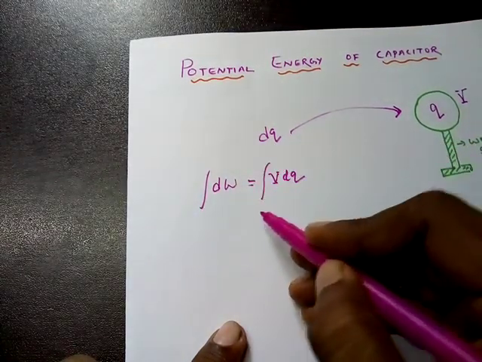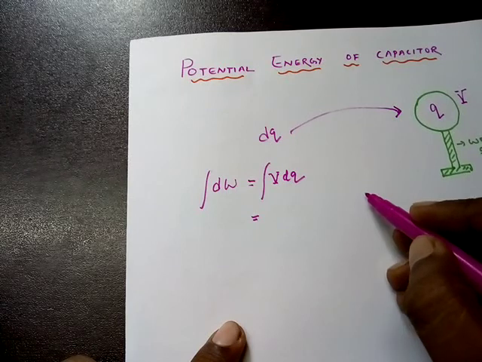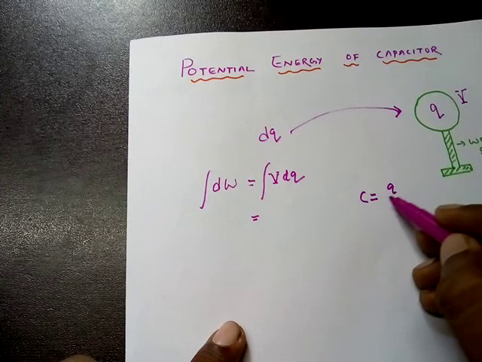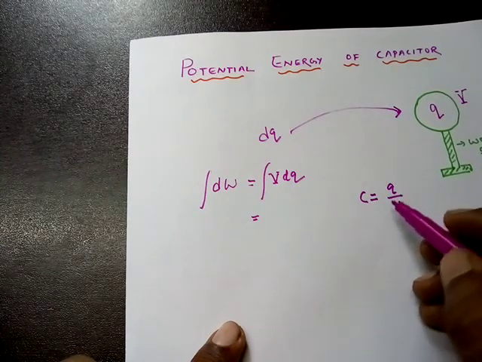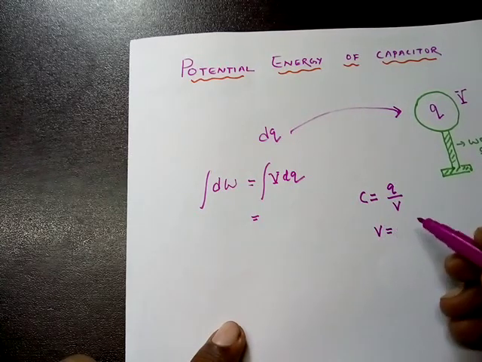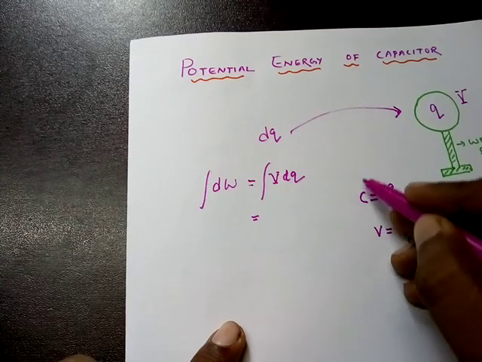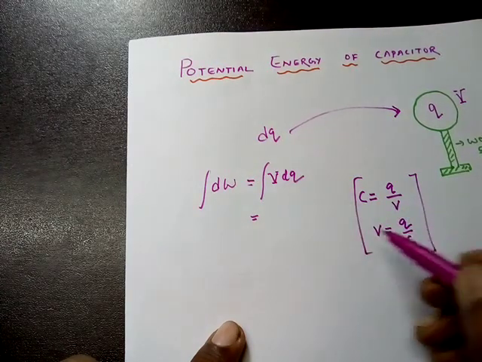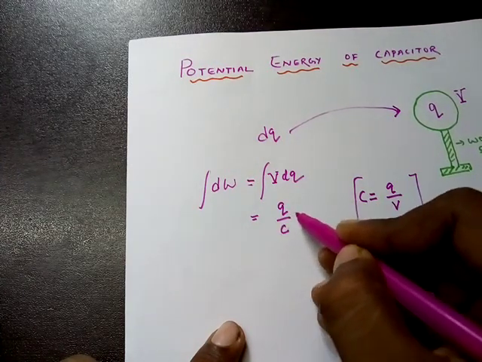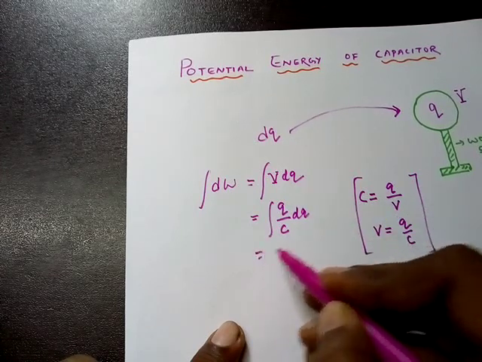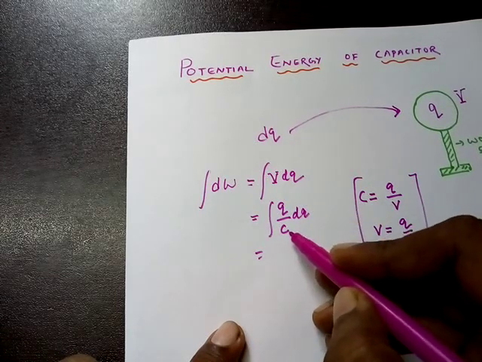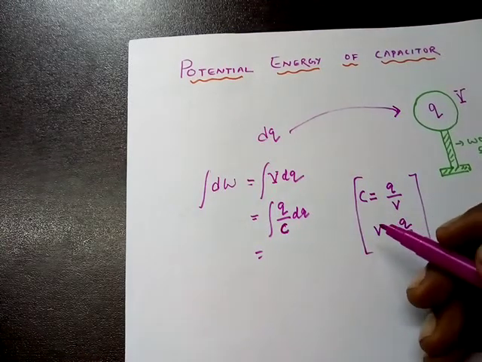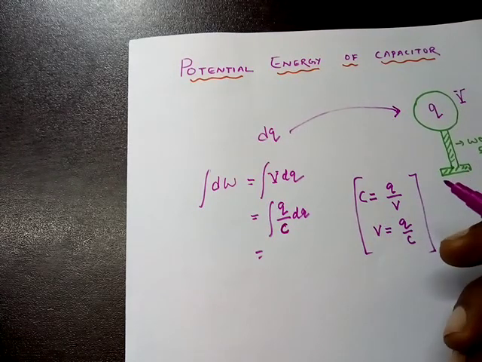Again I will tell you that in the previous video I mentioned that C is equal to q by v. So here, the value of v will be equal to q by C. In place of v I am putting q by C, times dq. Now, C is a constant, the capacitance of the capacitor or conductor, whatever it would be.